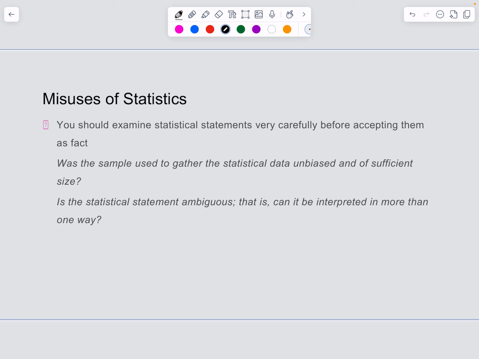Is the statistical statement ambiguous? That is, can it be interpreted in more than one way? So if I said, oh yeah, it's an average company, well, what does that even mean? Is it average size? Like, is it in an average building? Is it shabby?